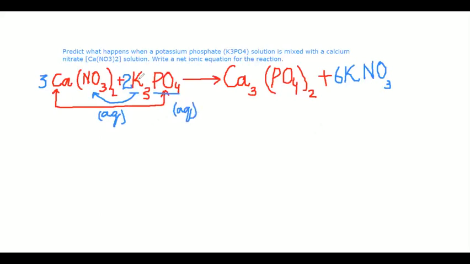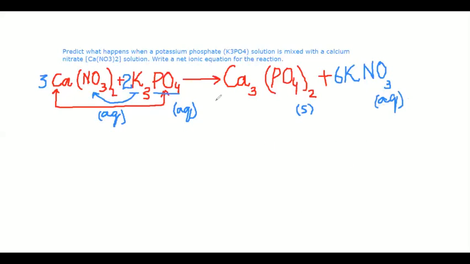Due to potassium ion. And why this one is soluble? Because of nitrate ion. Calcium phosphate, it is insoluble. Why? Because of phosphate ion. And this KNO3, it is soluble because of potassium and nitrate. AQ.